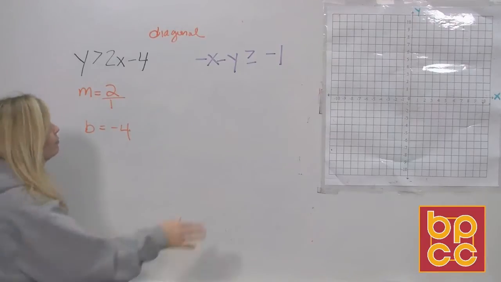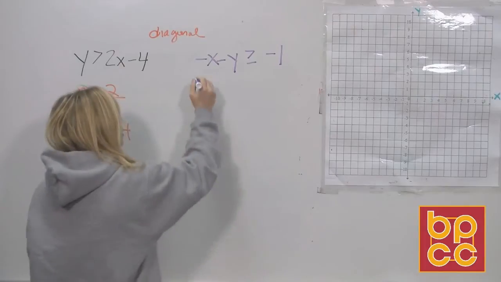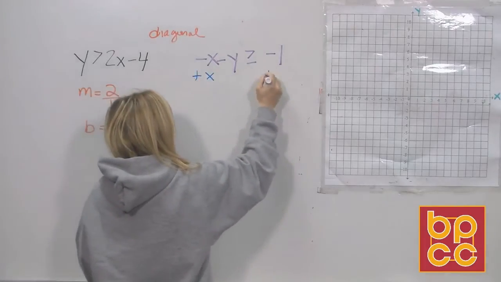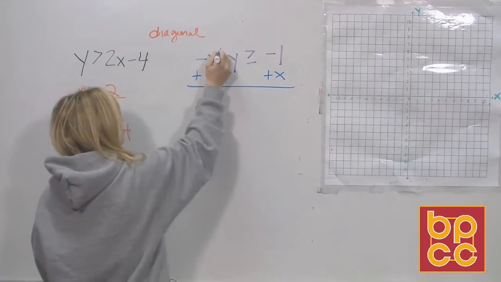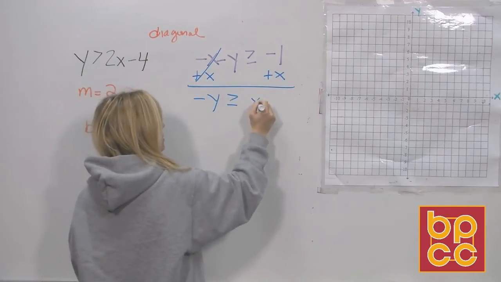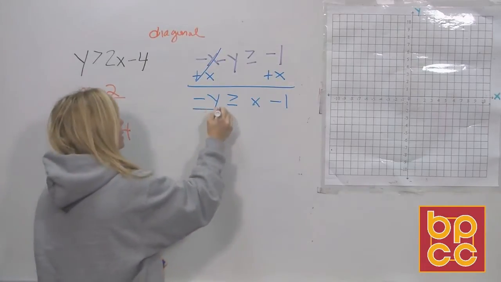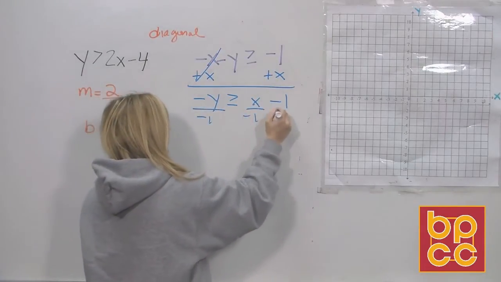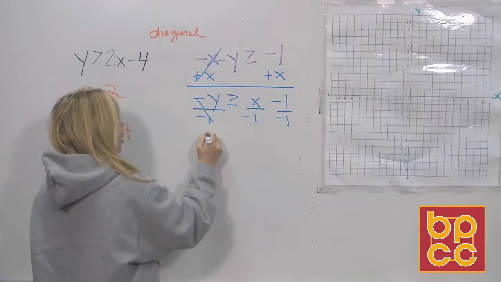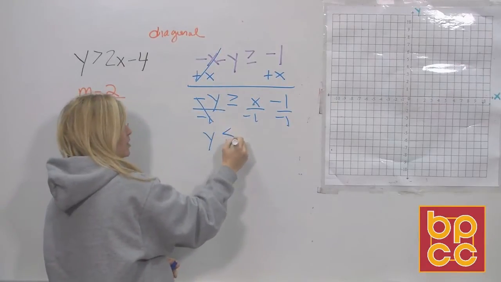Okay? This inequality is not in slope-intercept form. So to isolate y, we're going to add x. We're going to get negative y is greater than or equal to x minus 1. But we don't want a negative y, so we divide by negative 1. Remember we're dividing an inequality by a negative, so we reverse the symbol.